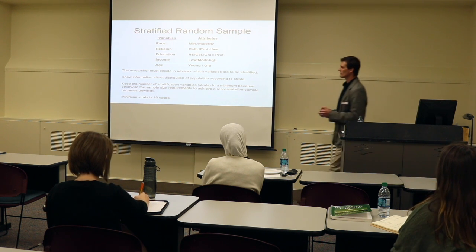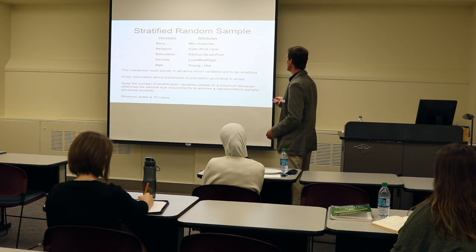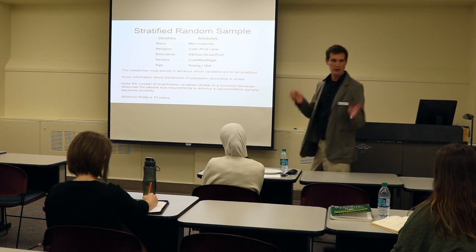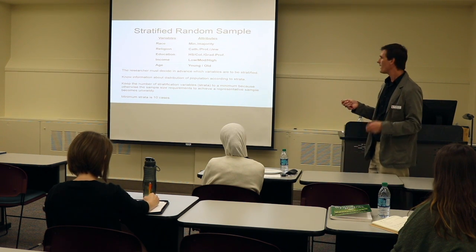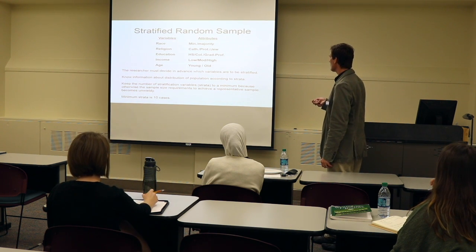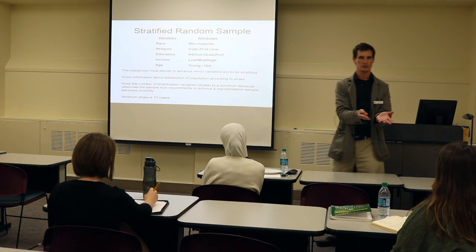So essentially what we're saying here is we've identified the variables of interest, and we know the relevant attributes for those variables. Then we're going to want to randomly sample from our population minorities who are Catholic, who have high school education, low income, and young. That's one group.